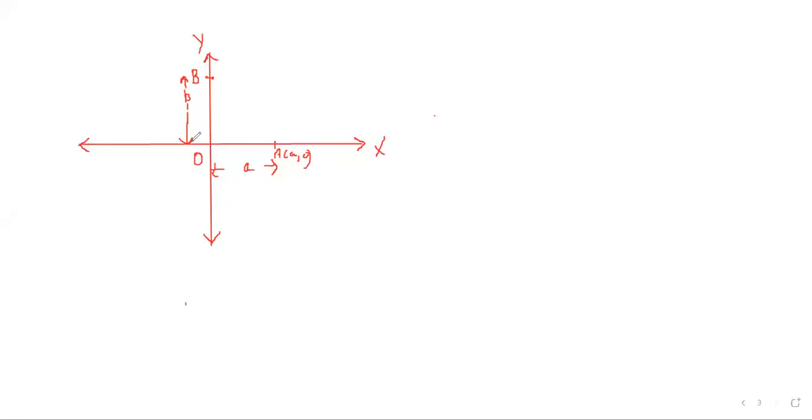B is b units away from the origin and on the y-axis, then the coordinates of B will not be (b, 0). It will be (0, b), as we are not moving along the x-axis. So along the x-axis, the distance traveled by us is 0, and along the y-axis it is b units. So the coordinates of B are (0, b).